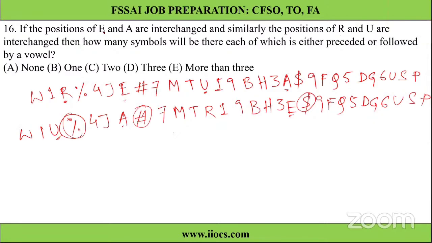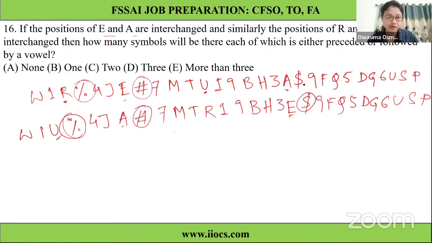A, D. Okay, so hash is preceded by A. Got it, ma'am. So guys, you can see that there are only three symbols in this whole series. They are just confusing this question.